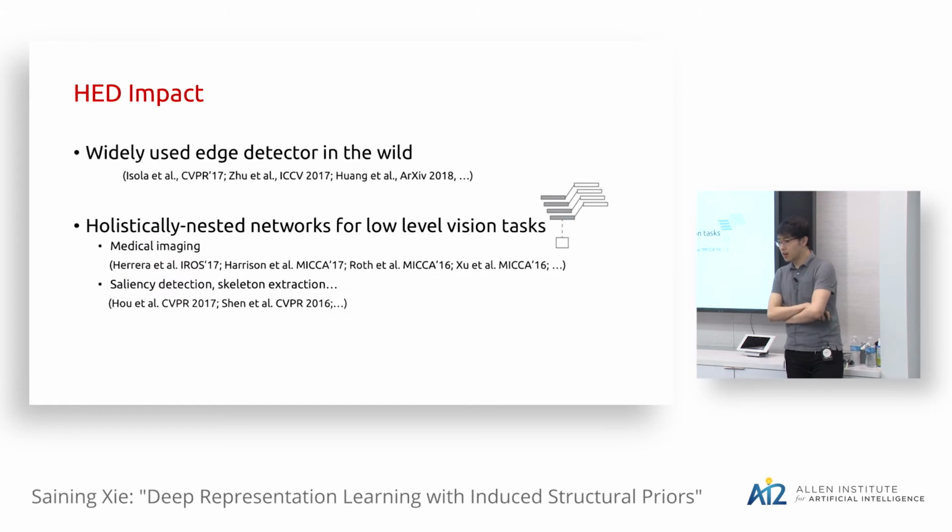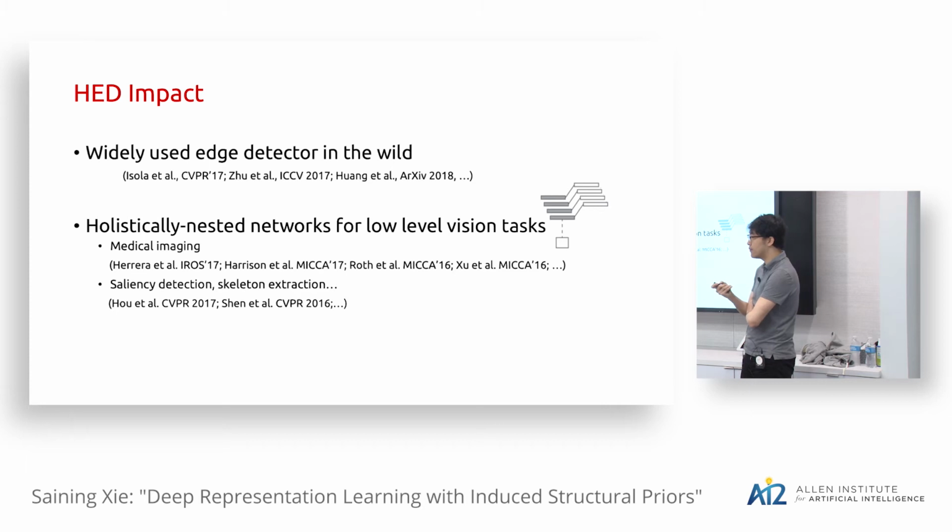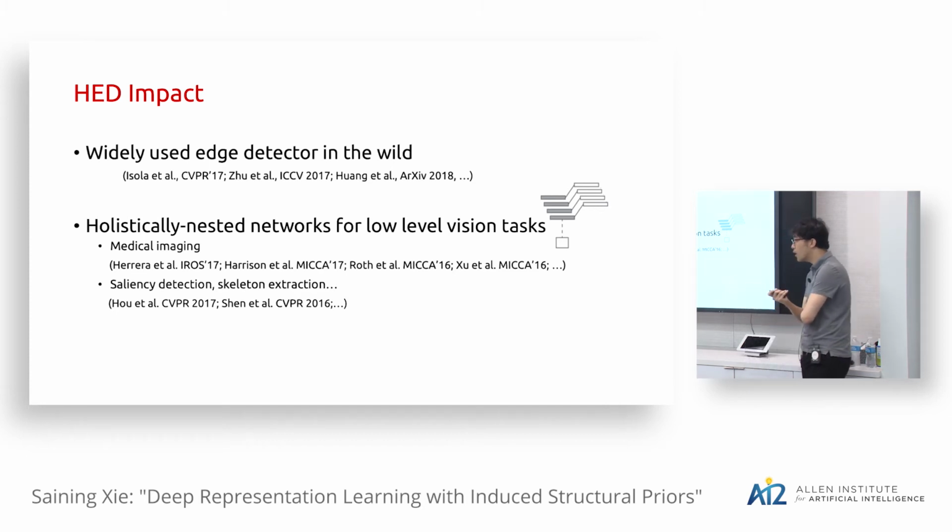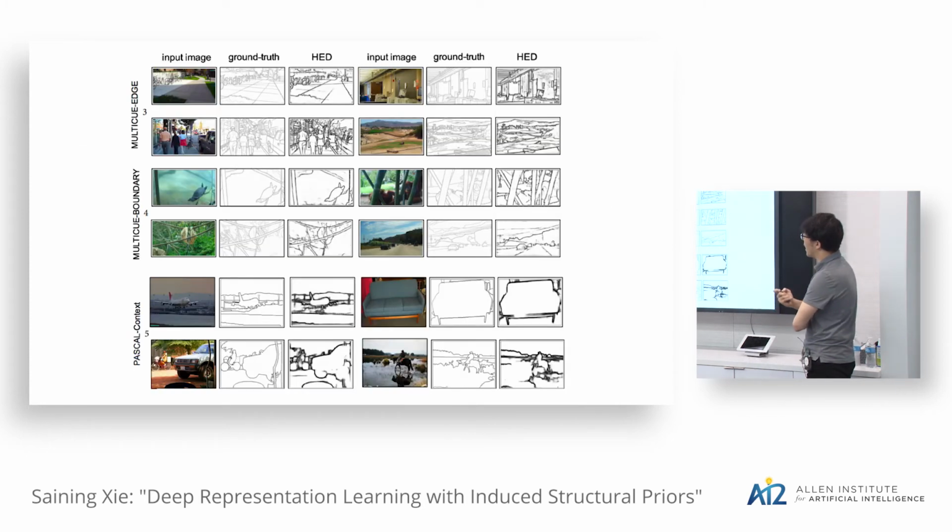After HED, it has been widely used as an edge detector for many tasks. Yes, please. Do you have any results comparing with other multi-scaling approaches? Yes, we have something in the paper, but it's really hard to compare them qualitatively.